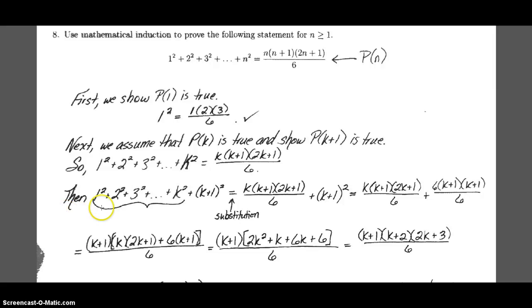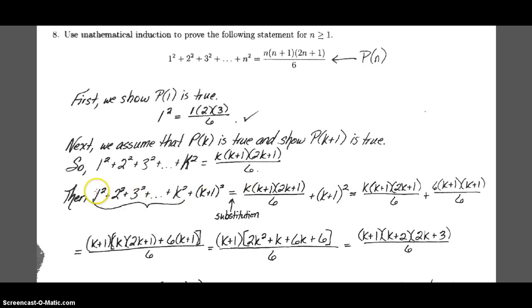Okay, and so then we go on to the next step, the induction step, where we replace any n in the original statement with a k plus 1. So we've rewritten it here. And then we just modify it using algebra.